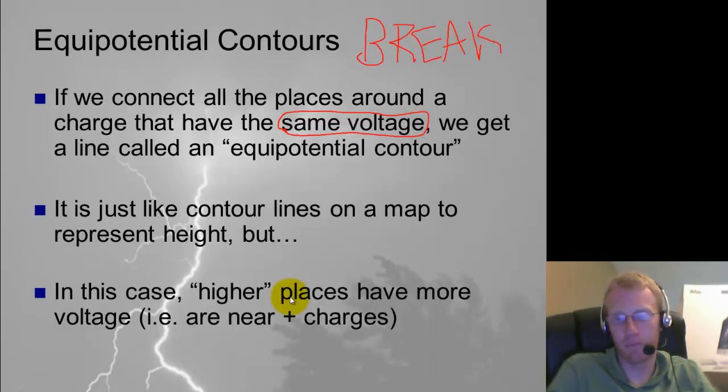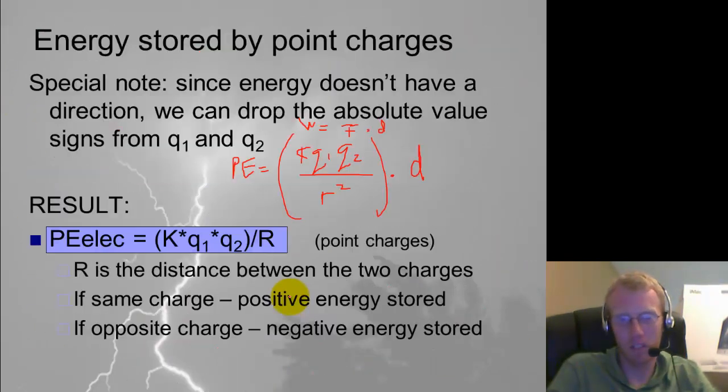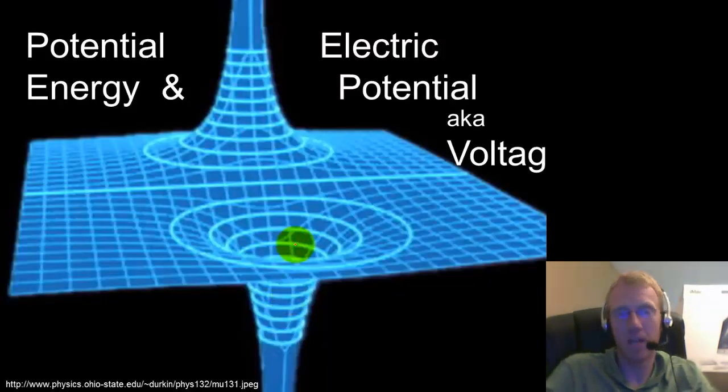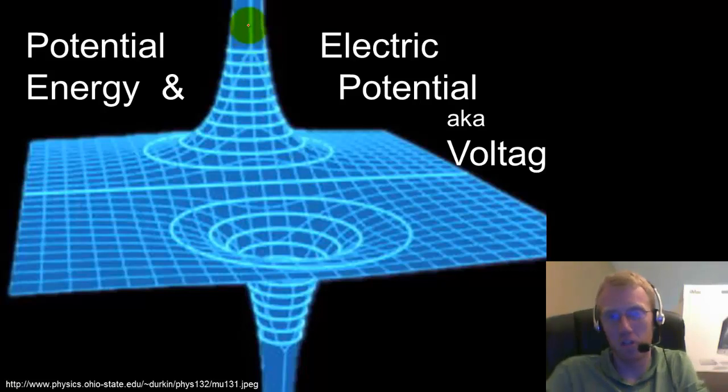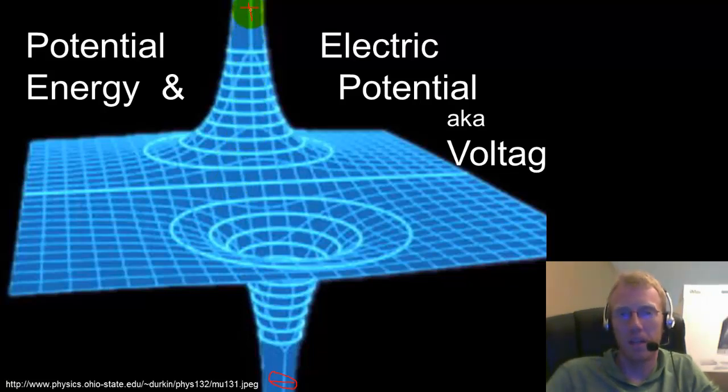Let me zoom back a few slides to the beginning one of this second half of the lecture. I just want to remind you, this right here is actually an equipotential contour diagram. So if you have a positive charge up here and a negative charge down here, any positive charge is going to be pushed away from this guy, so it would be pushed downhill, like away.